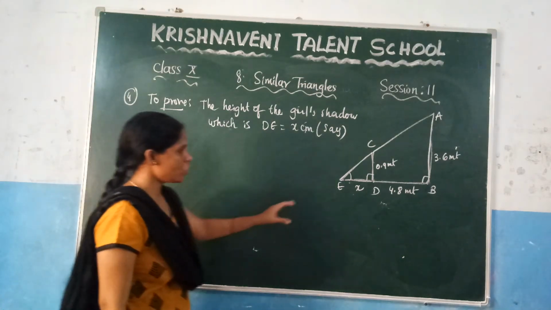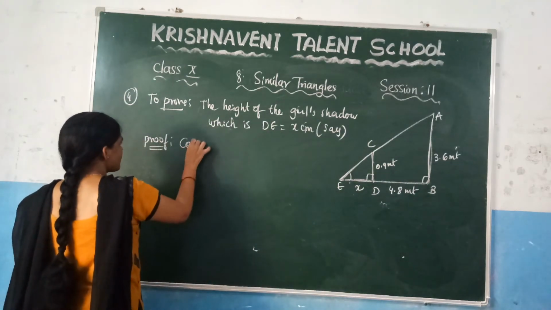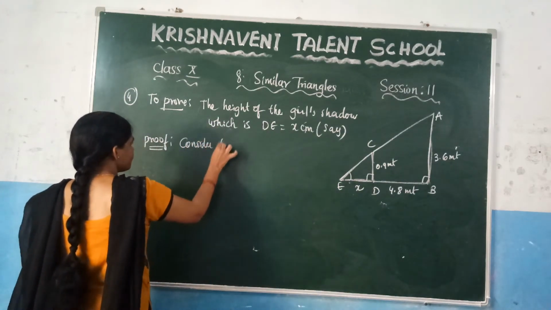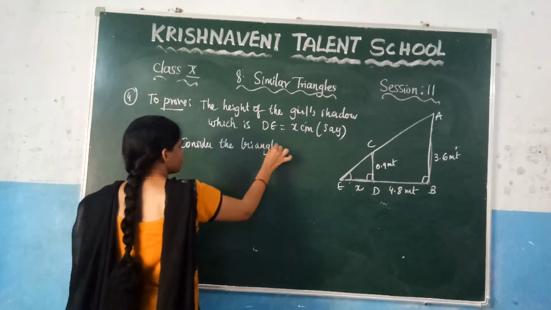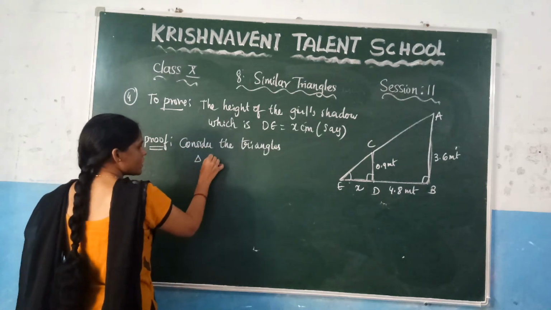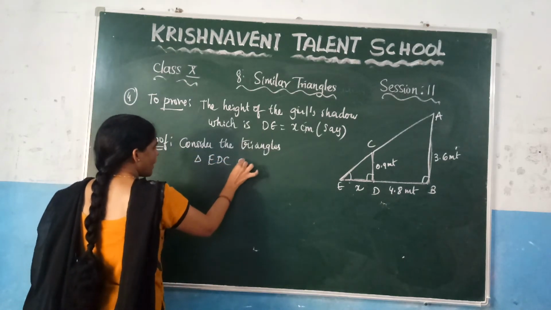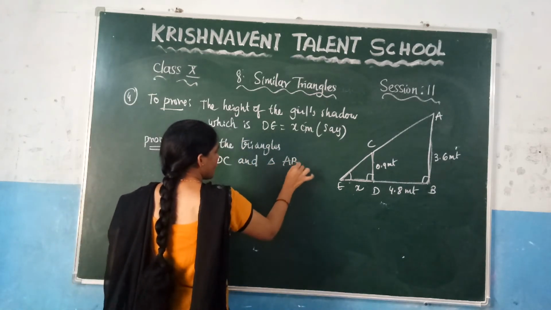So here if you want to prove, you need to consider these two triangles. So write it here. Consider the triangles. What are the triangles here? We need to choose the smaller triangle which is EDC and the bigger triangle which is ABE.